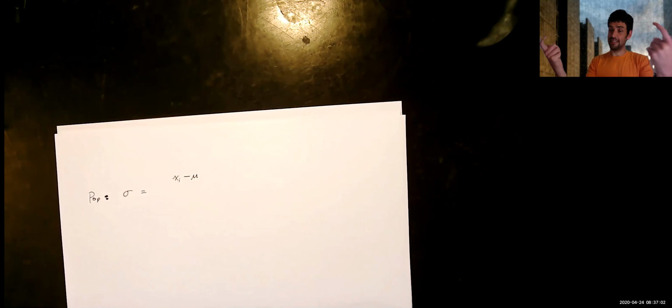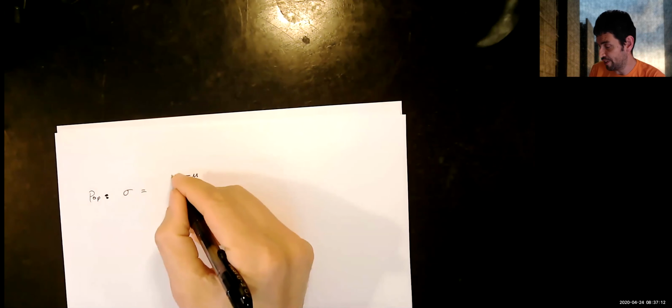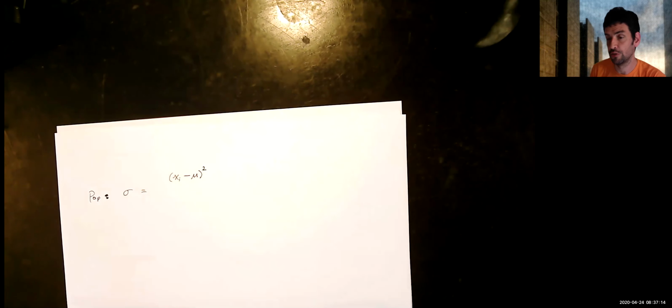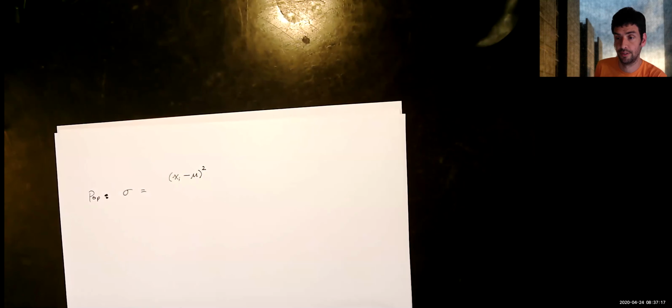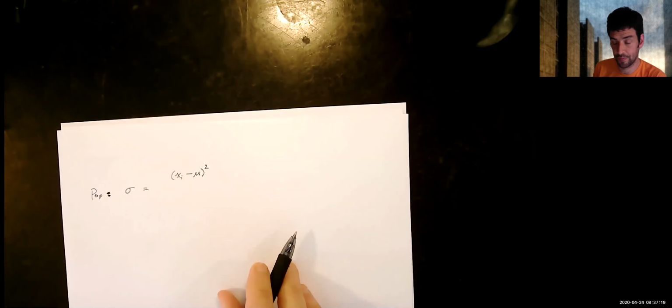If some are plus 10 and some are minus 10, there's 0, and your average distance would be 0, but it's not, right? One's above, one's below. They're still 10 units away, even if the directions are opposite. So the way we fix that is we square it, okay? That gets rid of the negatives.